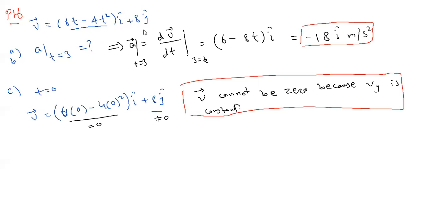Now it is asked that if the magnitude of velocity is 10, then we have to calculate the time when the magnitude of velocity is 10 meter per second.